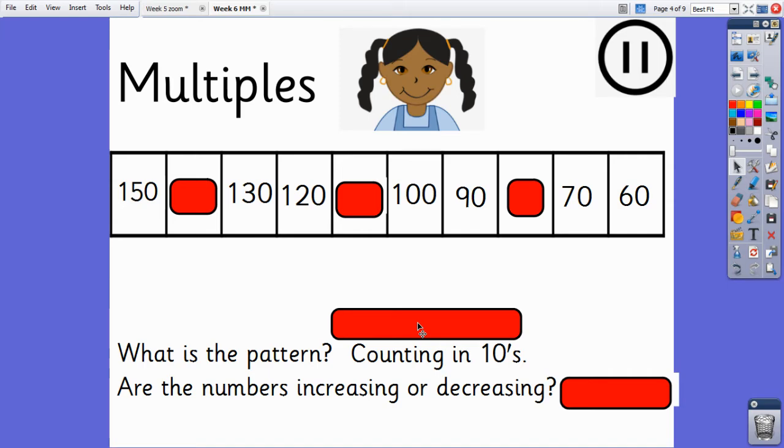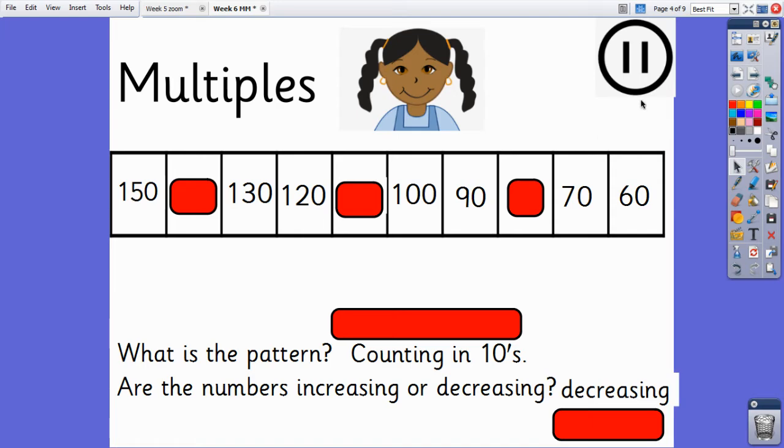Are the numbers increasing or decreasing? Remember, increasing means the numbers are getting smaller. Decreasing means the numbers are getting bigger. Well done if you spotted the numbers are decreasing. They are getting smaller each time.